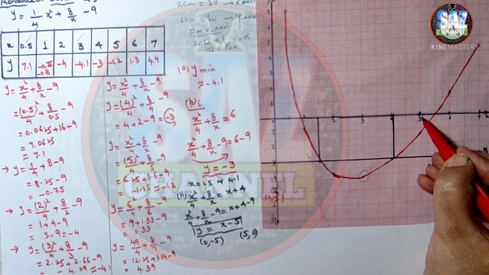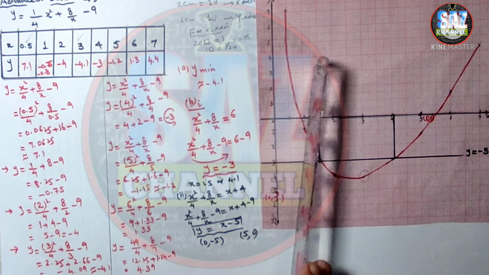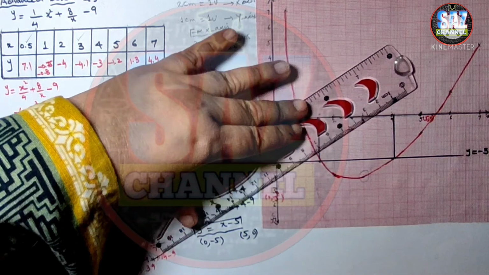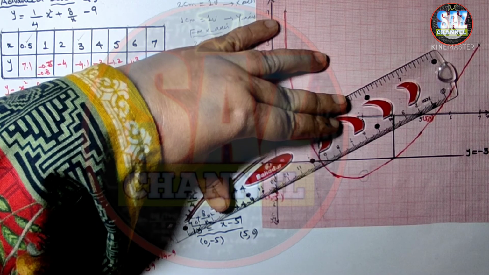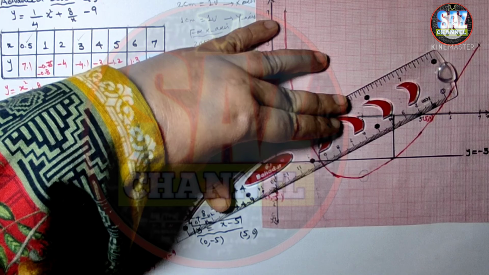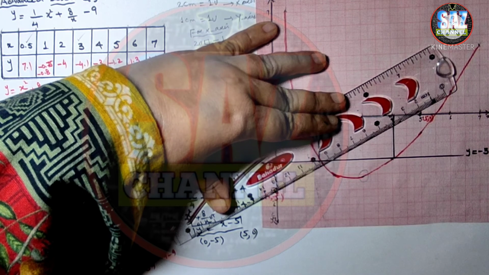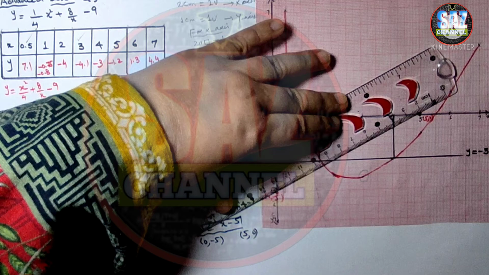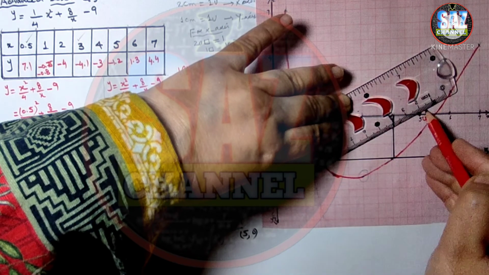And now we have to draw the line that has to pass through these 2 points carefully, and then we have to see at what point this line and the curve are meeting with each other. Let me keep the ruler properly, otherwise I will have a slight error in my working. This is the line.